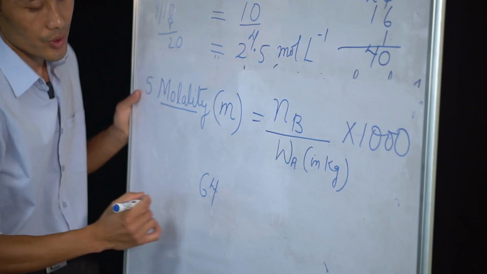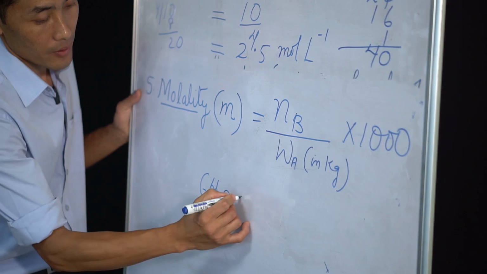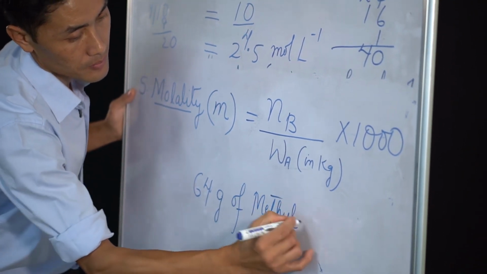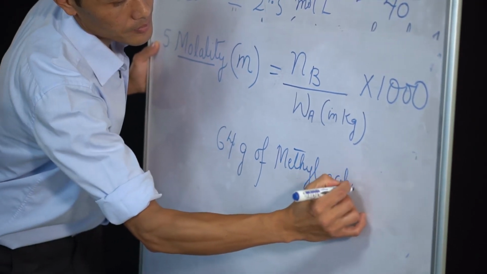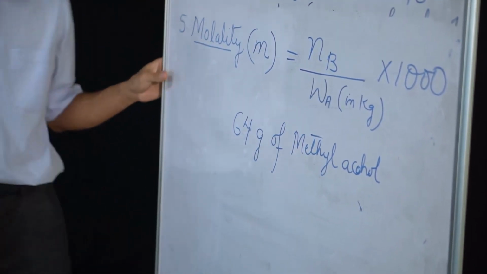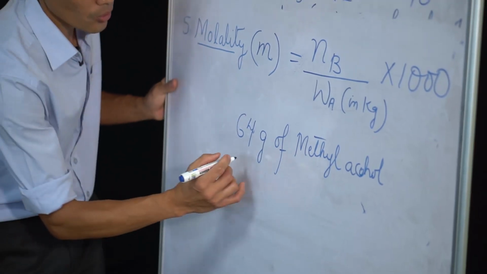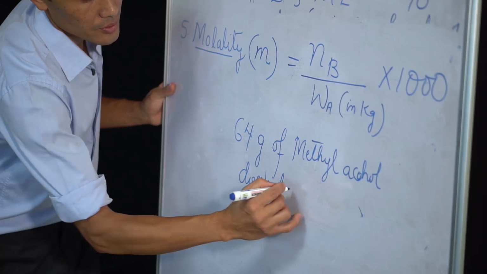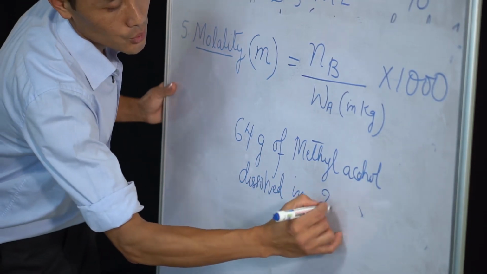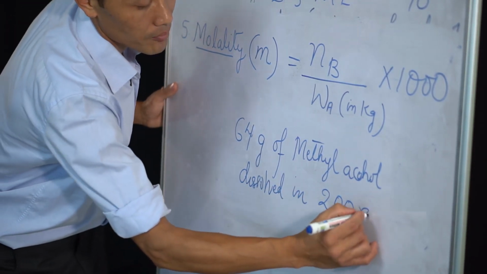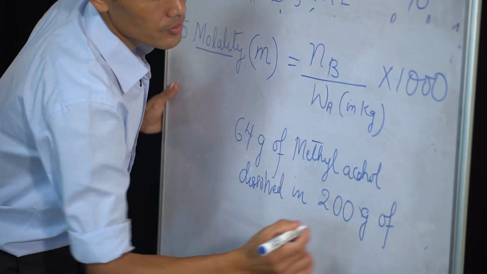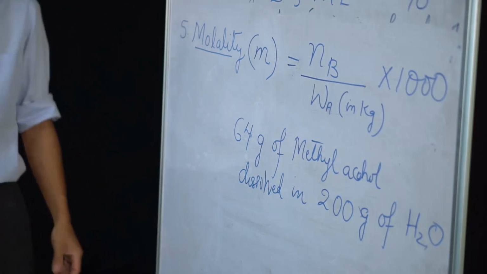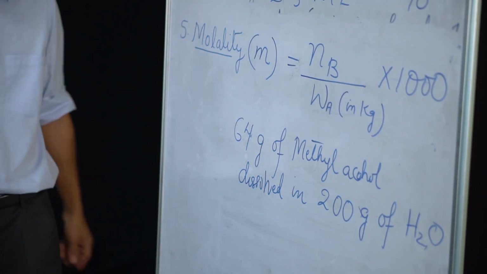So once again, if we take an example where we have a solution in which 64 gram of methyl alcohol is dissolved in 200 gram of water, suppose, what should be the molality of this solution?